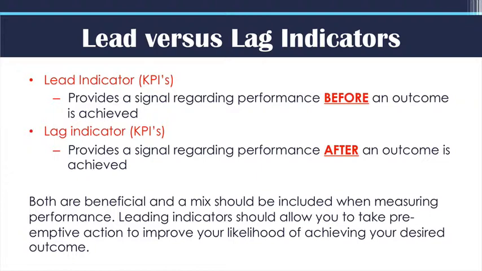Now, if you combine a basket of lead indicators, if profitability is a key indicator for our business, you may have a basket of indicators that give you an indication that you're going to achieve your profit figure. They could be sales volume. In terms of cost, you might want to look at labor cost or labor hours.